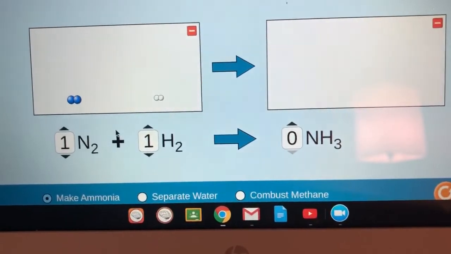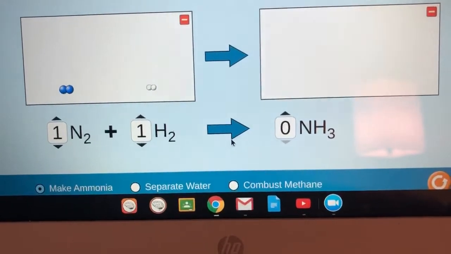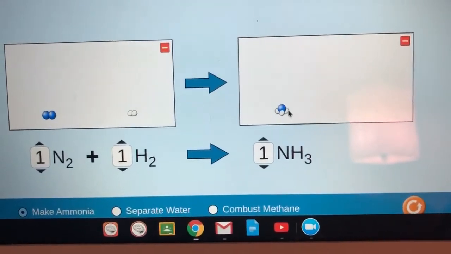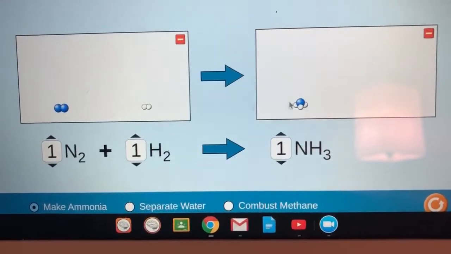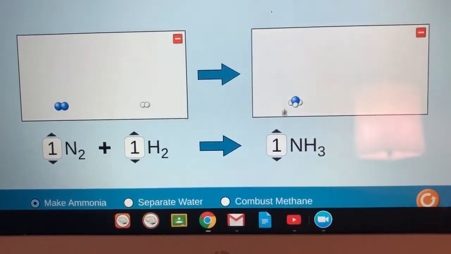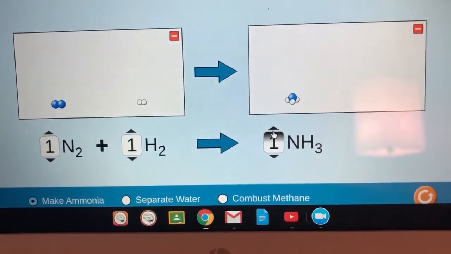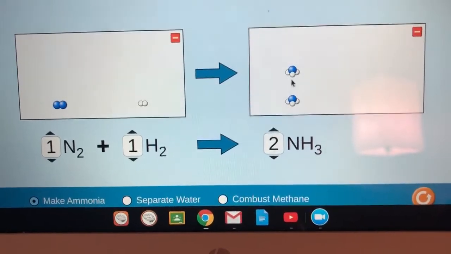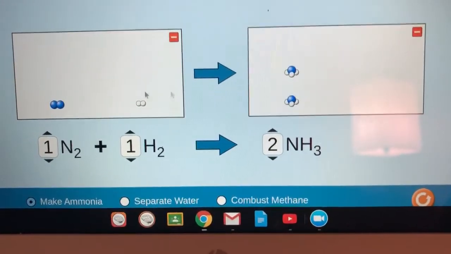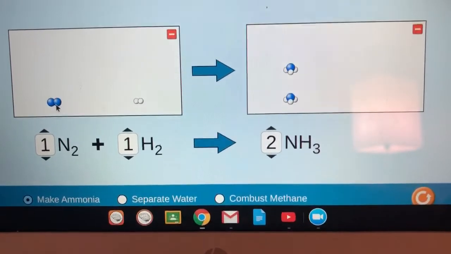Now, that reaction, these reactants are going to form this product. The product is ammonia. But you only have 1 blue N, and over here you have 2 blue N's. And you need to make sure that you have equal numbers. So what I'm going to do is I'm going to hit the arrow up. So I'm going to bring in 2 ammonias. Now I have 2 blues, so those match.